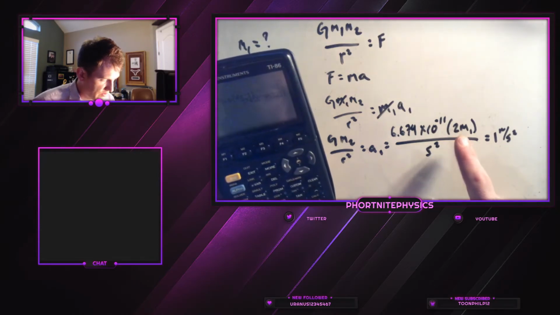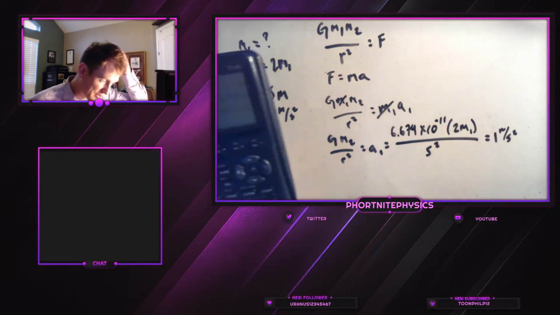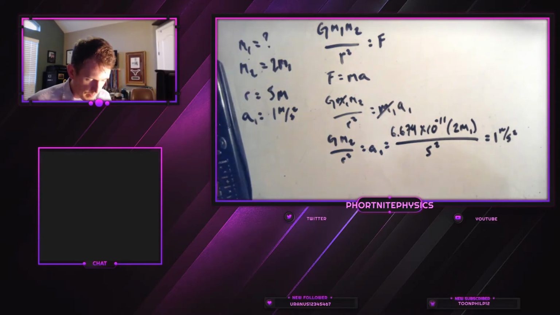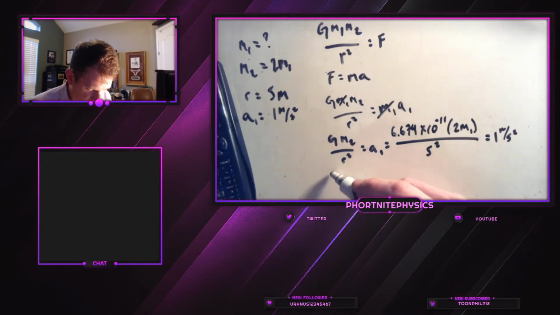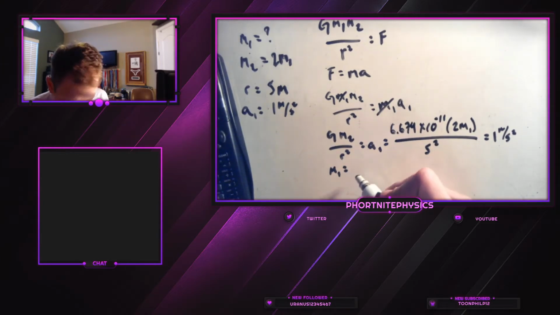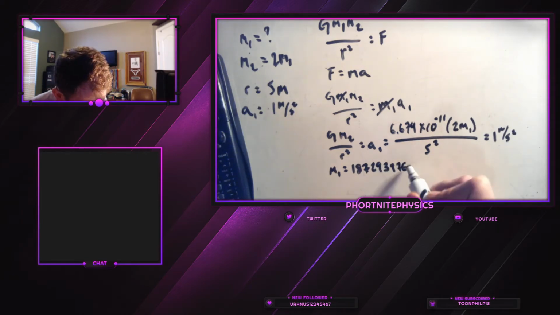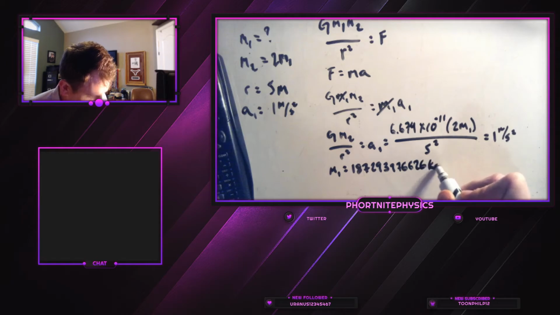And since we have this extra 2 here, we divide both sides by 2. I should have thought through my numbers better. m1 is equal to 187.293976626 kilograms.